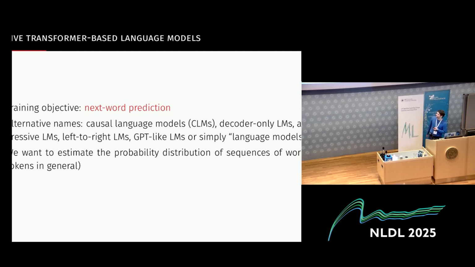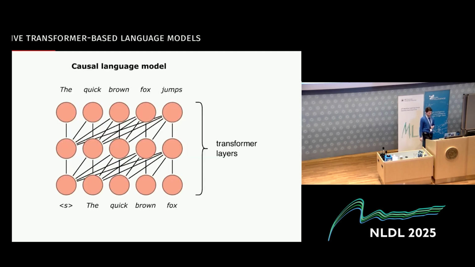These models have many different names. Sometimes they are called causal language models, decoder-only language models, autoregressive language models, left-to-right language models, GPT-like language models, or just simply language models, because this has become synonymous with generative language models nowadays. The goal is to estimate the probability distribution of sequences of words.